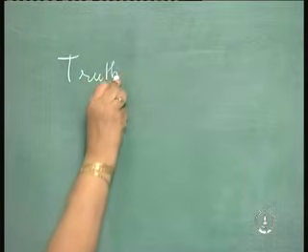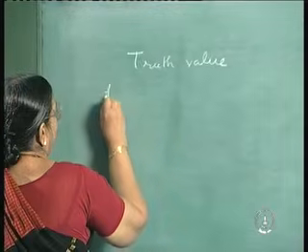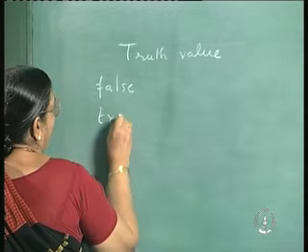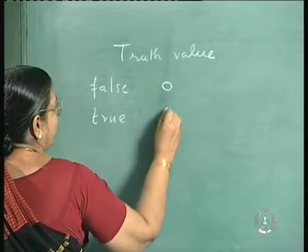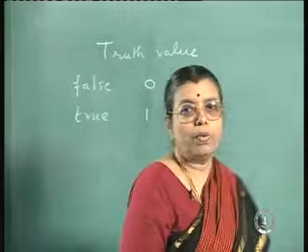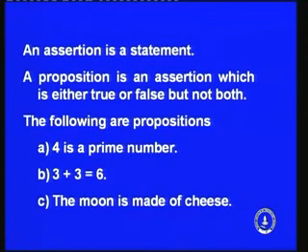The truth value will be false or true. Usually you denote false by 0 and true by 1. So, any sentence, any assertion to which you can associate a truth value is called a proposition.